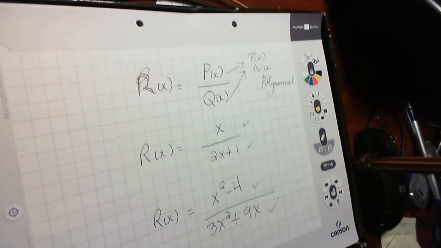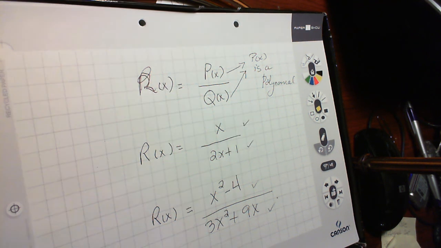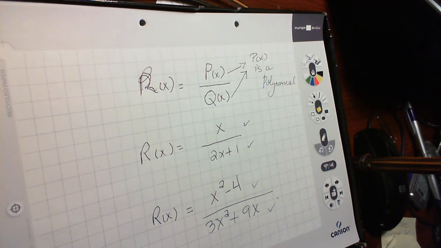The first thing we're going to look at about this rational function is, how do we find the domain? Remember what we are not allowed to do. We are not allowed to divide by 0. So anything that will cause us to divide by 0 will exclude those points. How do we know what will cause us to divide by 0?